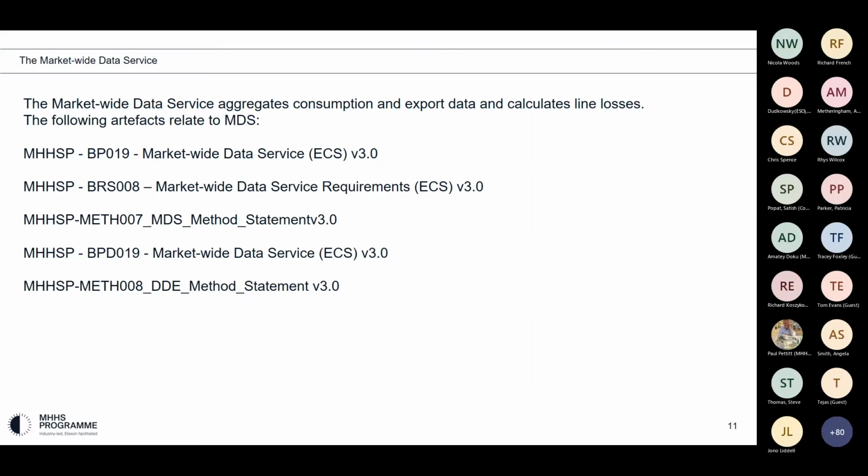Because all the data will be held in Elexon Central Systems, they should be able to look directly into that data to understand the picture, certainly in terms of actuals and estimates.